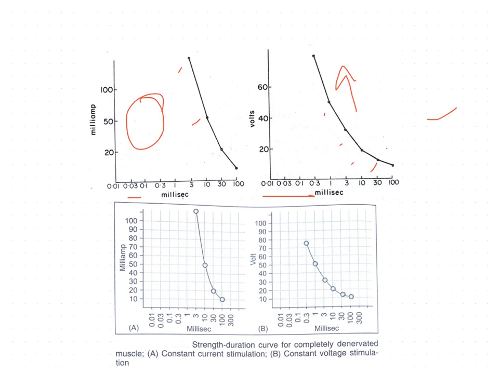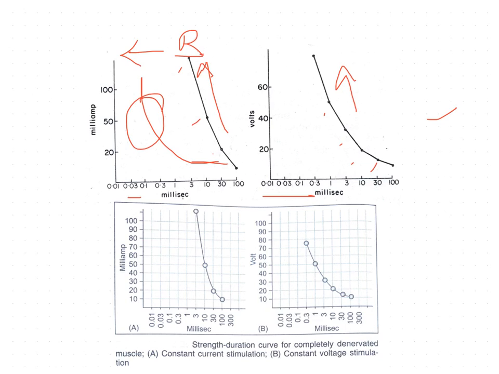So the curve rises steeply and is further to the right. There is no shift towards the left side. In normally innervated muscle, the graph is like this, isn't it? But here in a completely denervated muscle, the curve is steeply raised and mainly present on the right side itself.